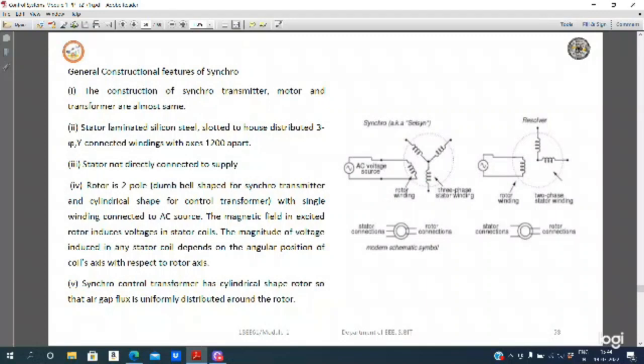Then the synchro control transformer has a cylindrical shaped rotor, so that the air gap flux is uniformly distributed around the rotor. So this is how the construction of the synchro transmitter pair is. We have a transmitter like this and we have a receiver like this. So this is the construction of the synchro transmitter pair.